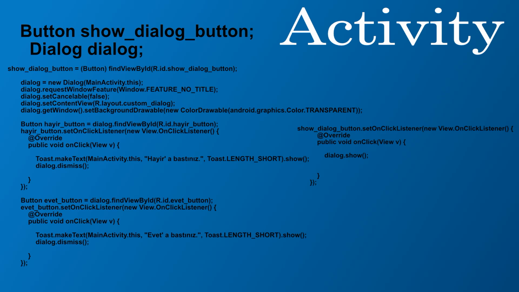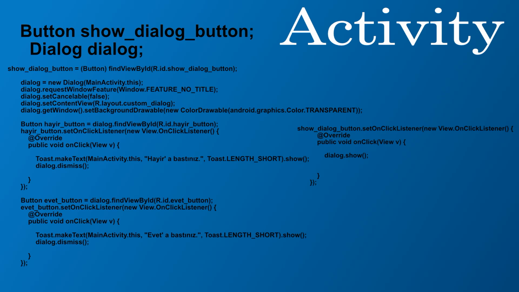After that, I trigger our buttons and start to write the onClick situation with a toast message and dialog dismiss. Dialog dismiss makes our dialog dismiss. I do the same for the second button, evet button, by its ID. And lastly, show the dialog from the button. Dialog show makes our dialog visible.